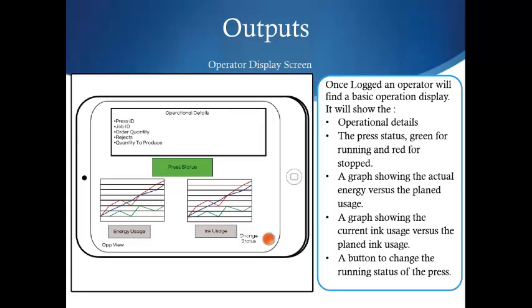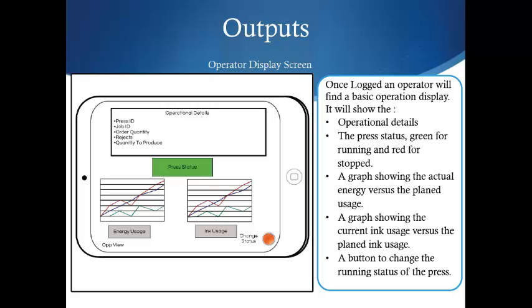Once logged into the tablet, the display will be fairly basic. It will show the operational details such as the press ID, the job ID, the order quantity, rejects, and quantity to produce. There will then be a status bar.